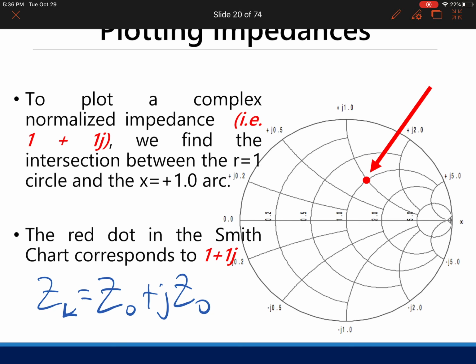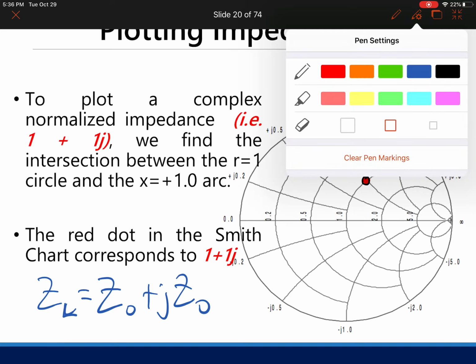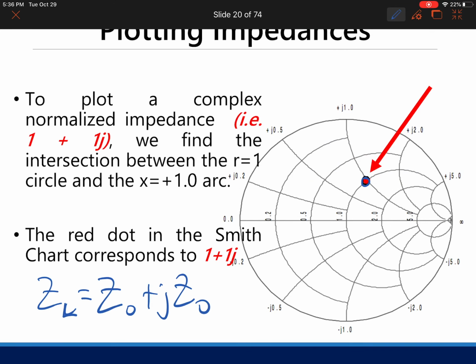Just note that if you want to get the admittance of this point, you need to rotate it 180 degrees. Form a circle from the origin and rotate that point 180 degrees, so it's somewhere here. That is the other point on the circle, and it corresponds to the admittance of this point. So the admittance of this point would be 0.5 minus j0.5.